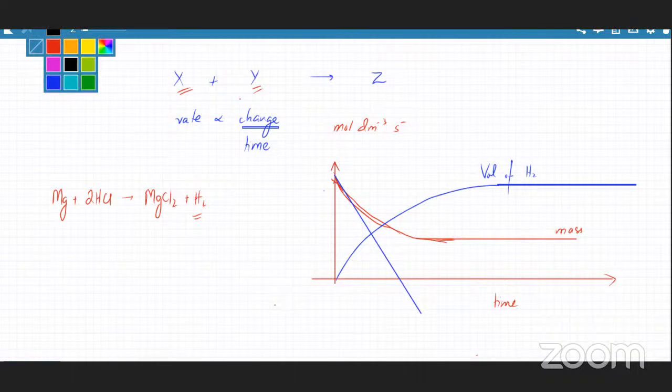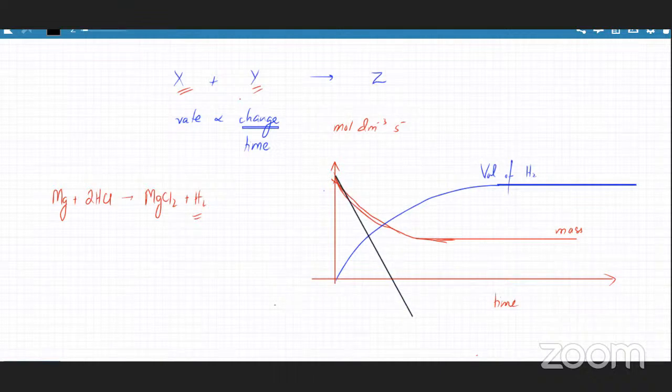So if we plot the gradients, the gradient of mass will be negative initially, and the gradient of the volume will be positive. So you don't look at the sign of the gradient, negative or positive. You look at the magnitude of the gradient.